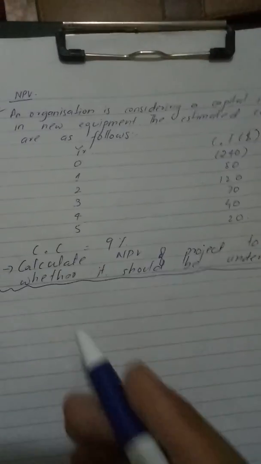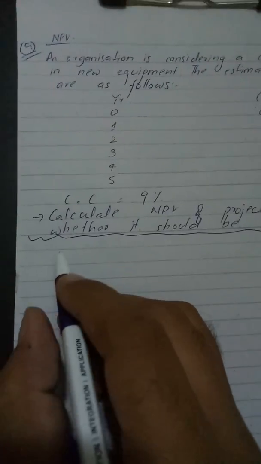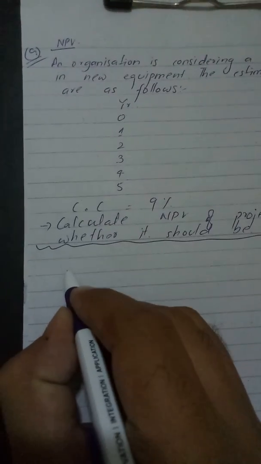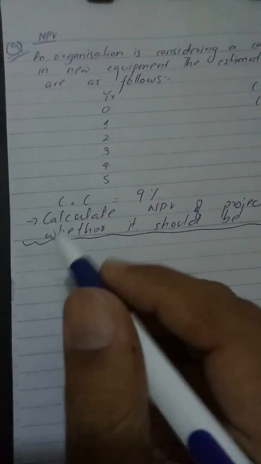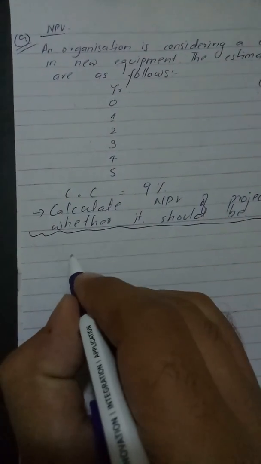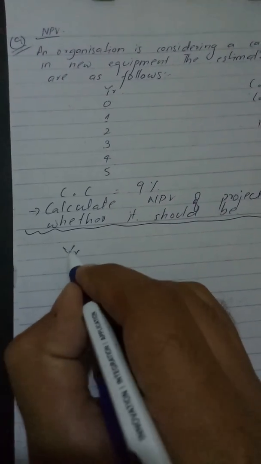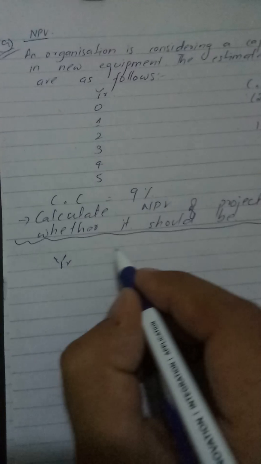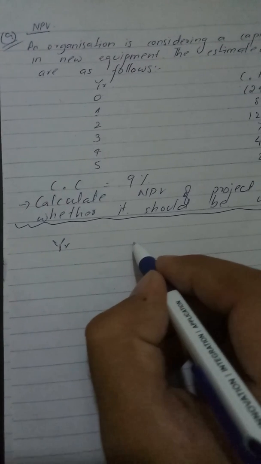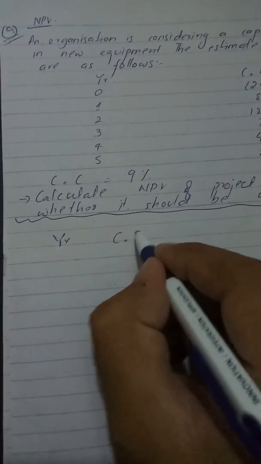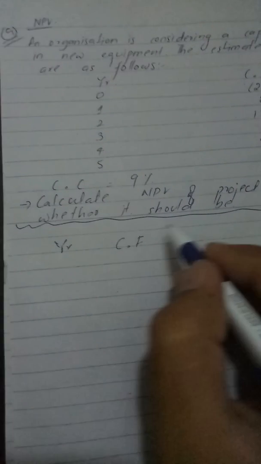So first of all, the discount factor at 9%, and this is PV.